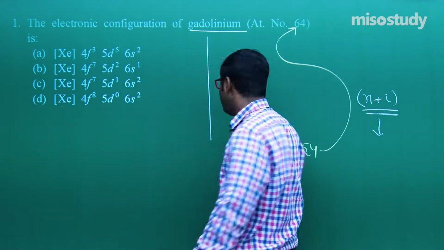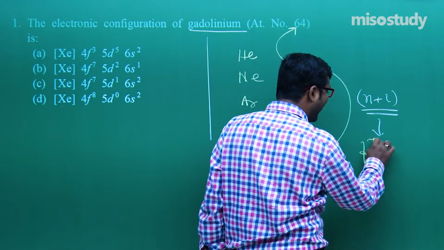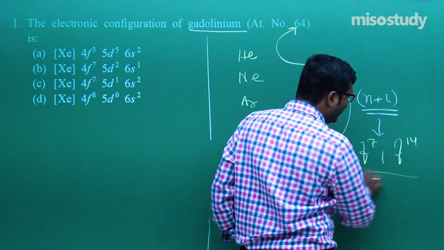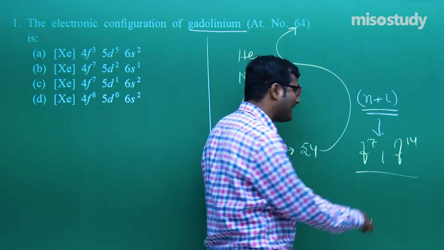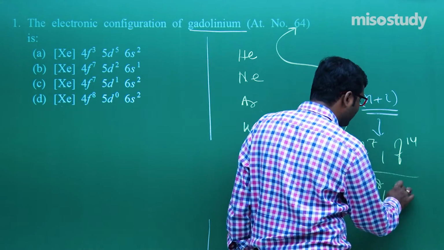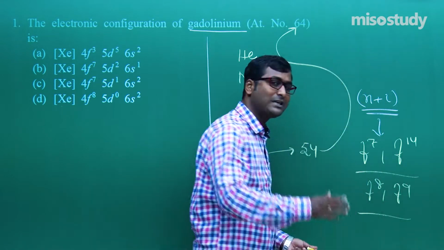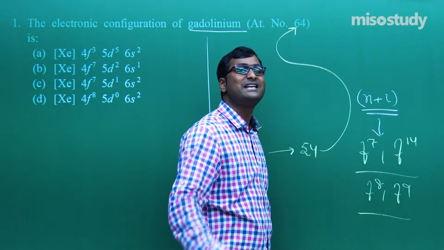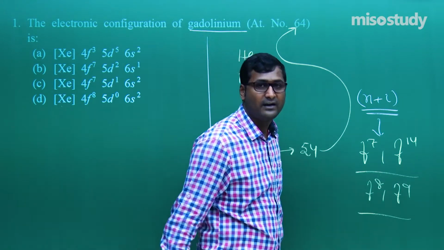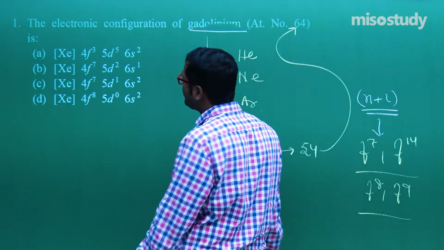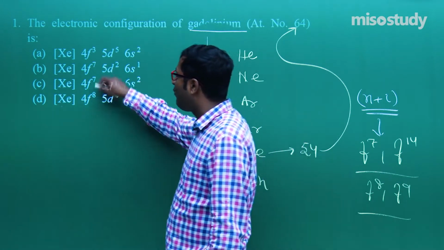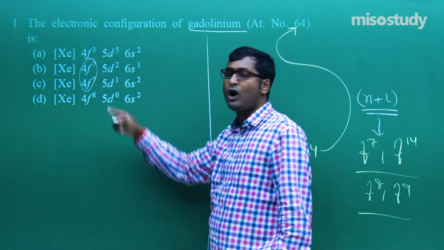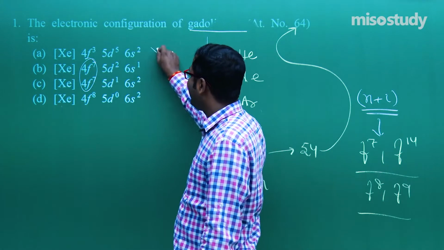As I told you earlier, f7 and f14 are more stable than f8, f9 configurations, because half-filled and fully filled electronic configurations give you a stable electronic configuration. So definitely the configuration will be in terms of 4f, either option B or C. So we can neglect A and D.